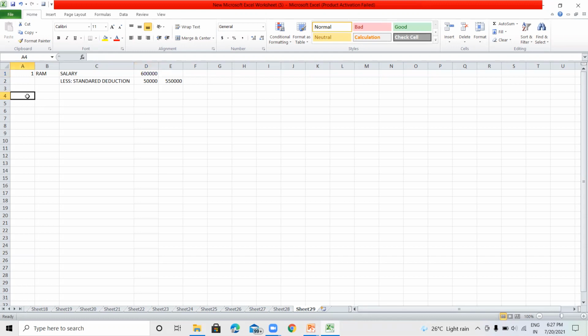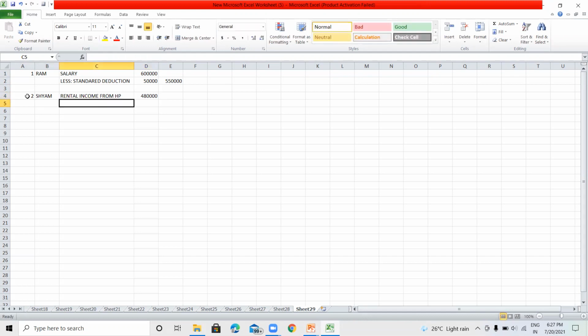Next example, there is an assessee and he received rental income from house property. For example, the total amount of rent is 4,80,000.